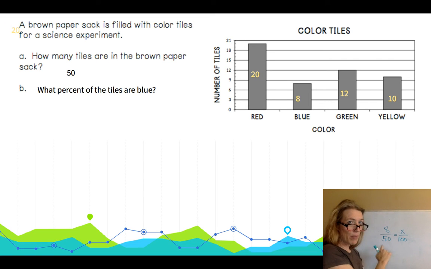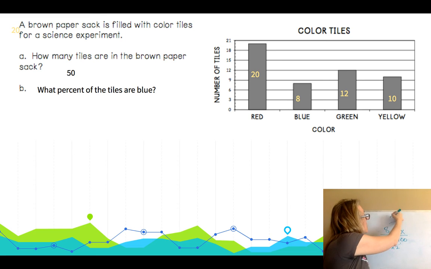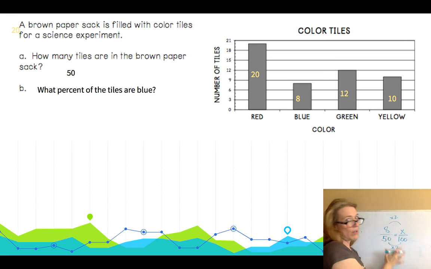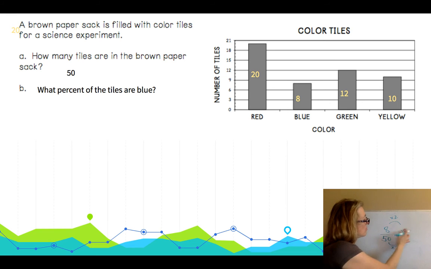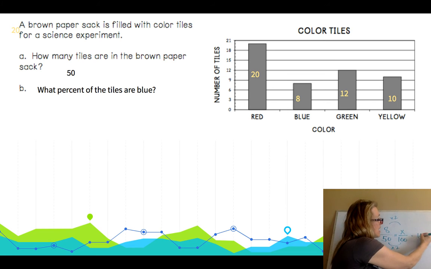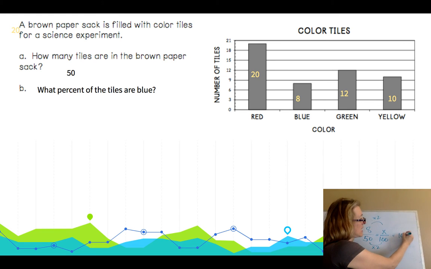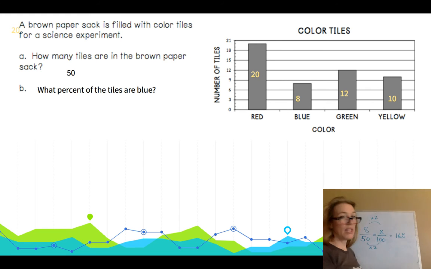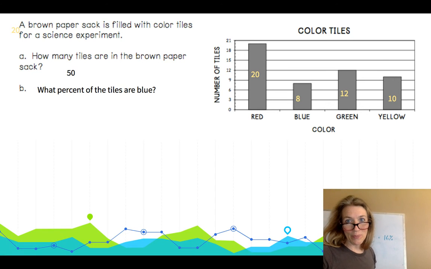Now that I have a proportion set up, I can simply solve that proportion. And I'm looking here, I see a relationship. If I multiply times 2 in the denominators, I can do the same thing up here in my numerators. And so 8 times 2 is 16, and that would be 16% of the tiles are in fact blue.